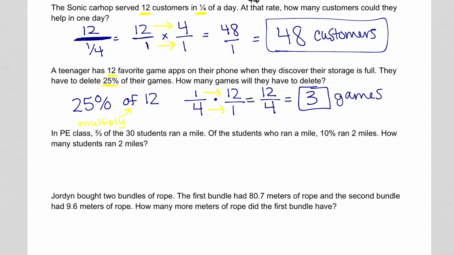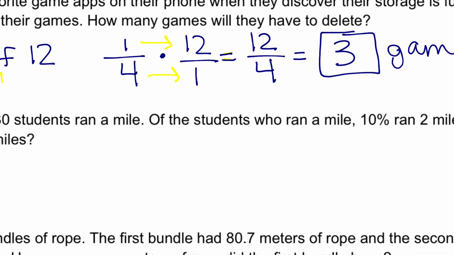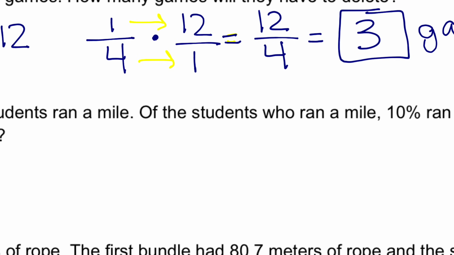Now, alternatively, you could have done that by turning it into a decimal. And you could have taken 0.25 times 12. To do that, you would just do 2 times 0.25 would have been 50, and 1 times 25 is 25, which gives 300.